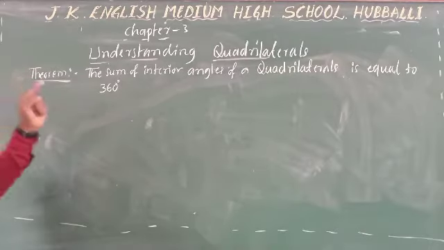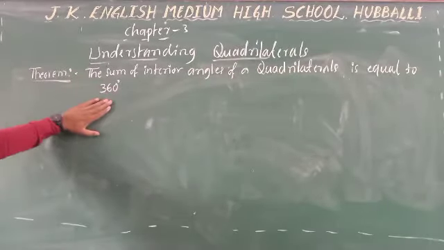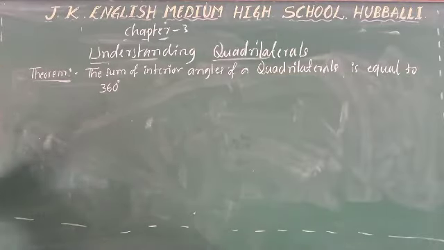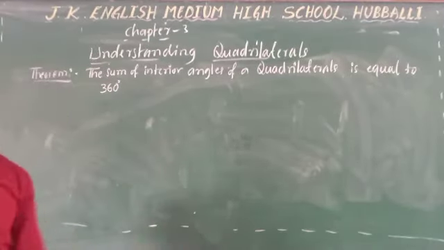The sum of interior angles of a quadrilateral is equal to 360 degrees. So we should prove that the sum of interior angles of a quadrilateral is equal to 360.